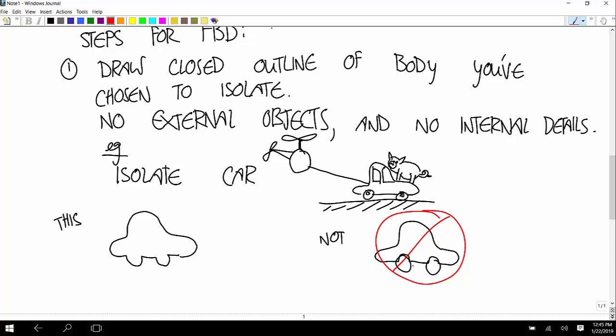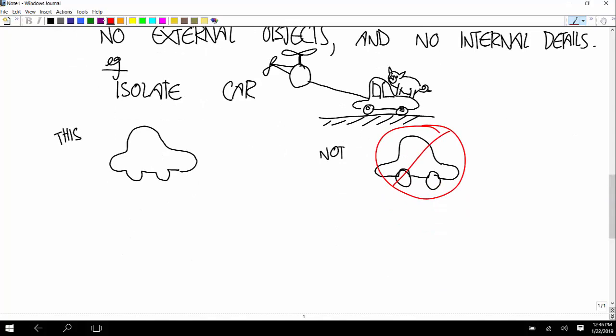The whole point of the free body diagram is just to be clear of what's in the in crowd and what's out. So don't draw the wheels, don't draw the ground. The ground is an external detail. And it has to be a closed outline because this boundary is the key idea to this.